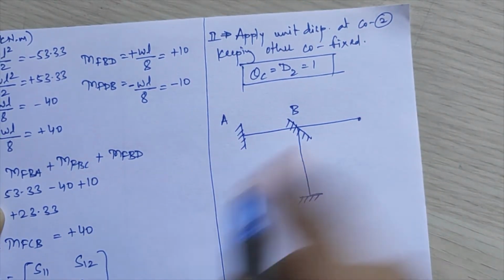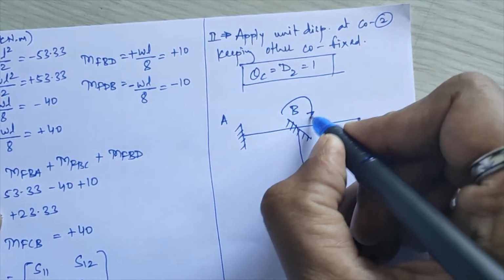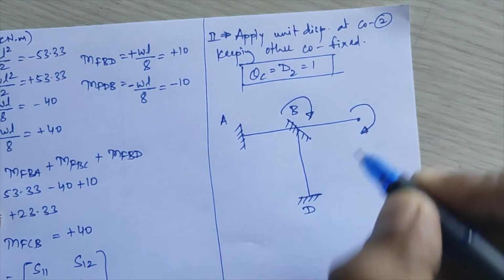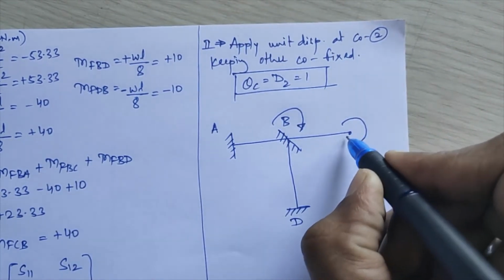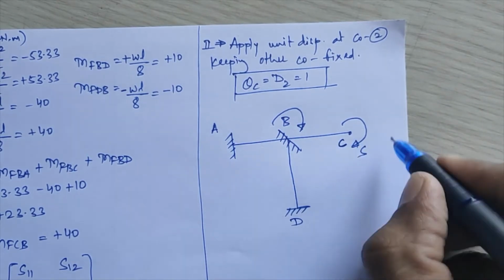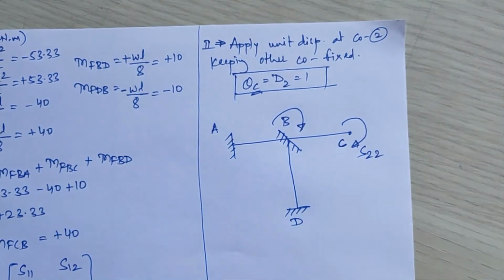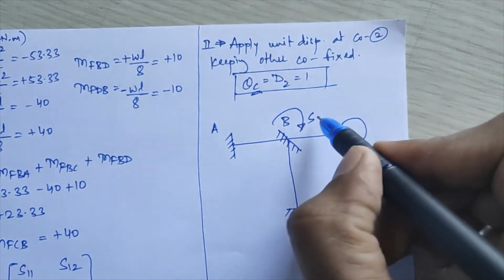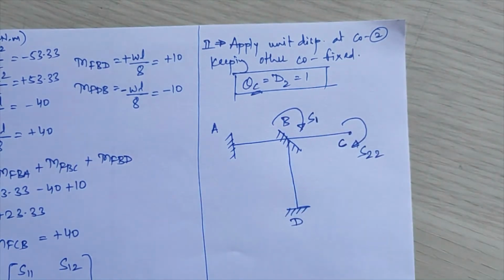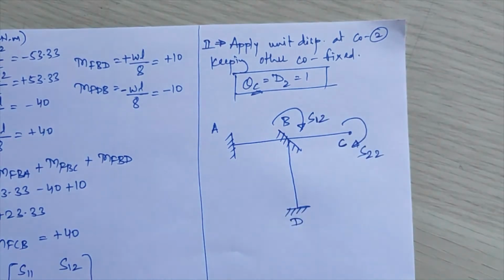Okay, now next I'll mark my stiffness points over there. So this will be your first stiffness coefficient at first and second coordinate. Okay, so this will be the stiffness you are calculating at your point C, that is at coordinate 2, when unit displacement you are going to apply at point C, that is S of 2 2. This will become the stiffness coefficient you are calculating at point B, that is at point 1, when unit displacement is applied at C, that is nothing but at coordinate 2, so it will become S of 1 2.